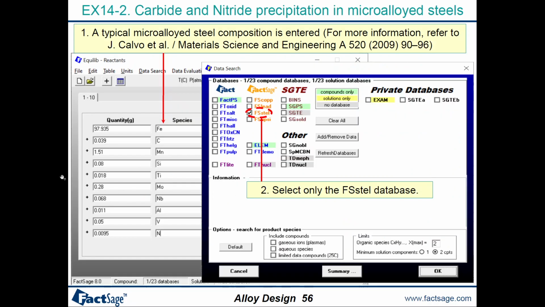In this exercise, a typical microalloyed steel composition as shown here is entered from this reference. Therefore, we'll first enter the composition of steel in equilibrium module of FactSage and do the corresponding calculations.